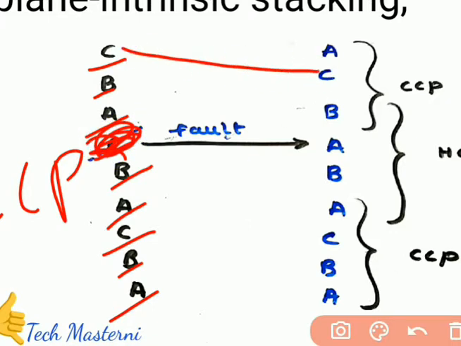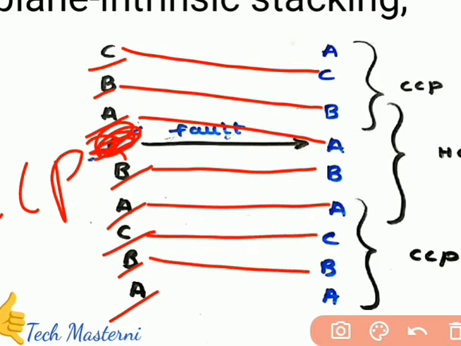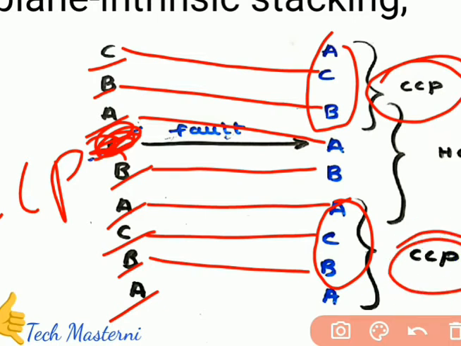This C will come here, this B will come here, this A will come here. So, there is no C. So, again B will come here, A will come here, C will come here and so on. So, you can see here the structure is ACB. Also, the structure is ACB. And we know that ACB type of structure is CCP structure.